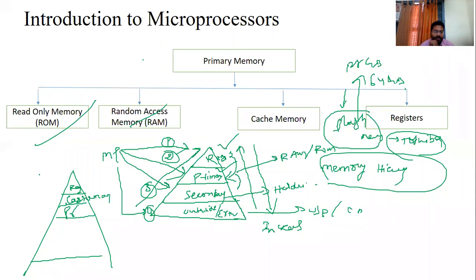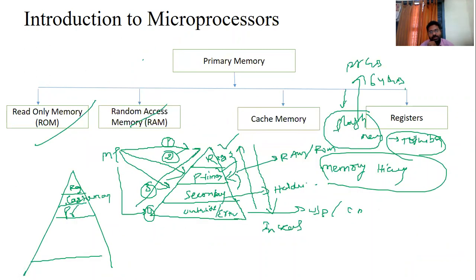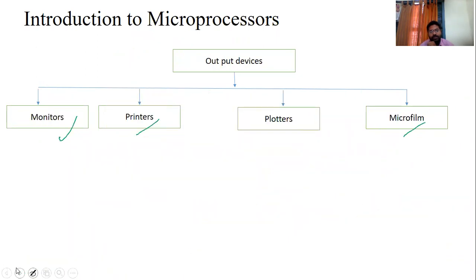Primary memory: RAM, ROM, cache, and registers. Secondary is magnetic tape and magnetic disk technology. Magnetic disks we now use in laptops and cell phones. Another type of memory is flash memory. And these are different types of output devices.